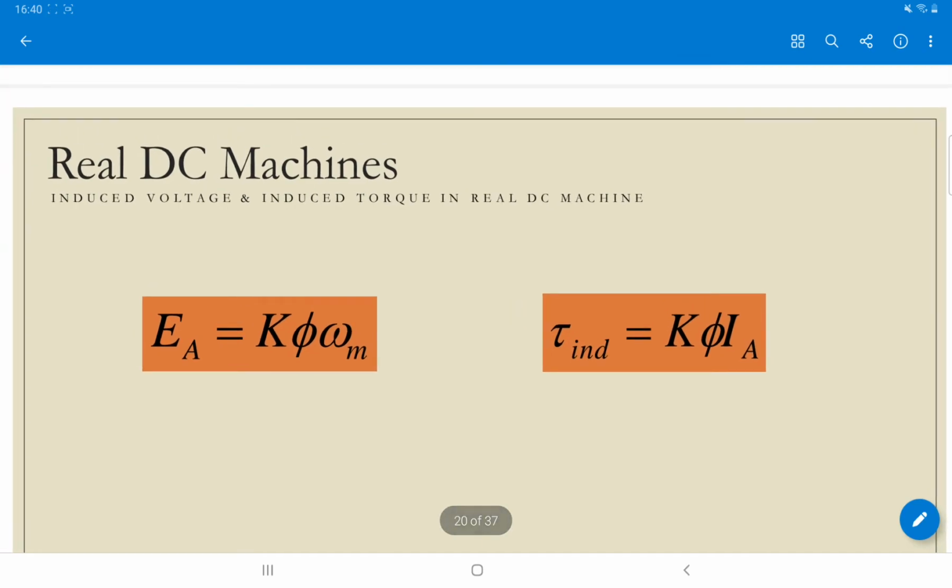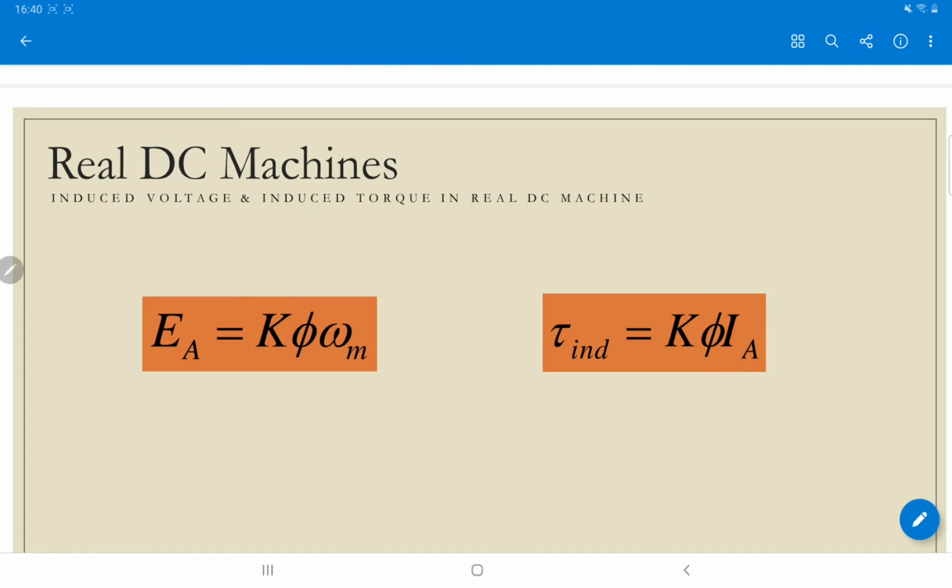From the DC machines, we have these two quantities that are induced when we have electricity, the magnetic field, as well as conductors. You have induced voltage, which equals K phi omega, and induced torque, which equals K phi Ia. The torque mainly depends on current.